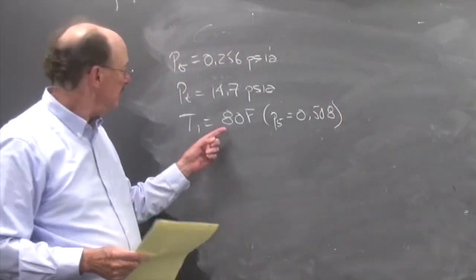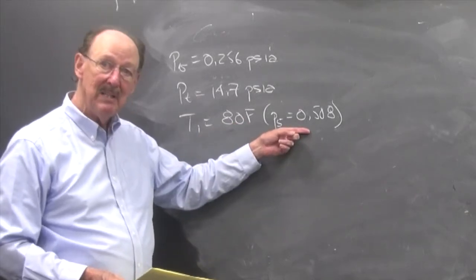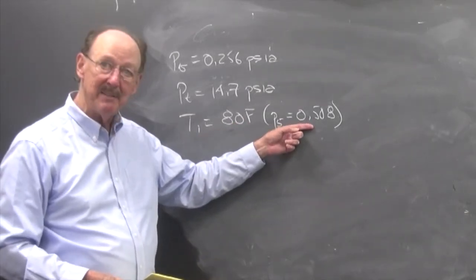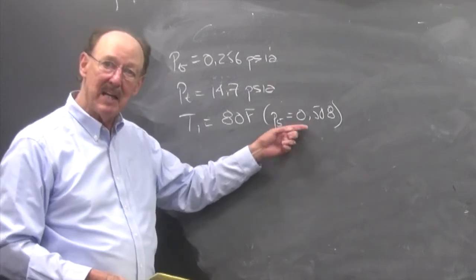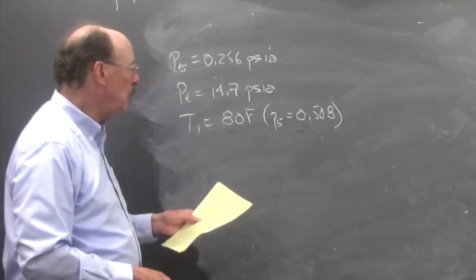If I went in the steam tables at 80 degrees Fahrenheit and looked up the saturated pressure, P sub G would be 0.508. I don't remember the number of the table, but I would find that.